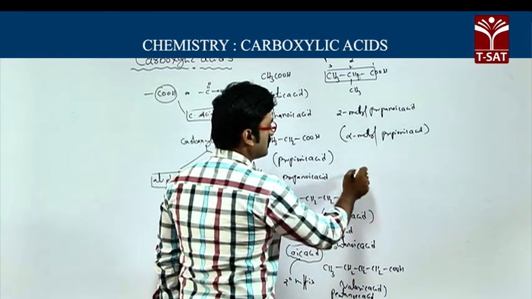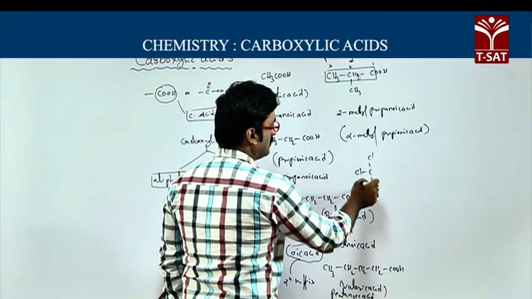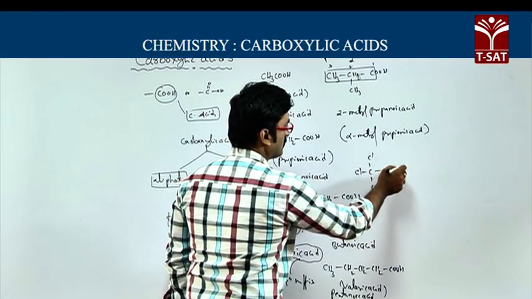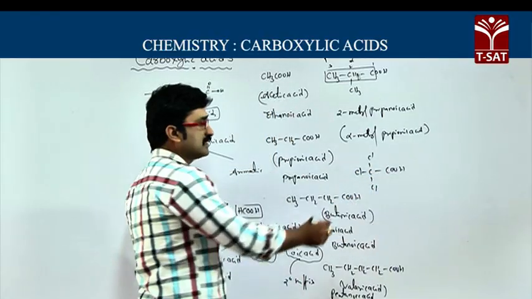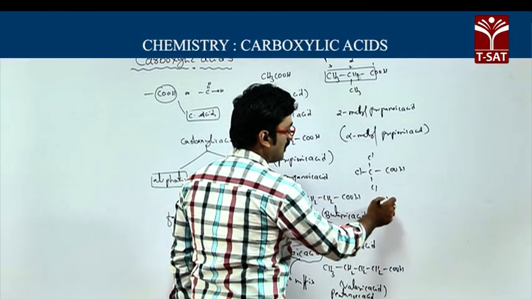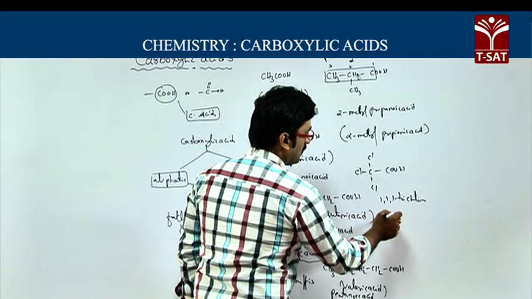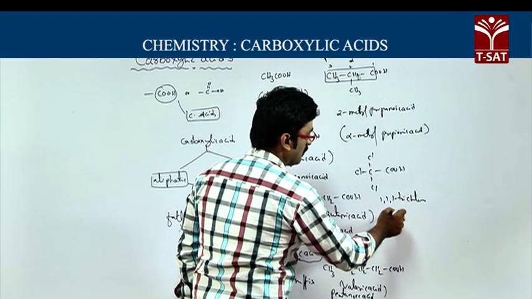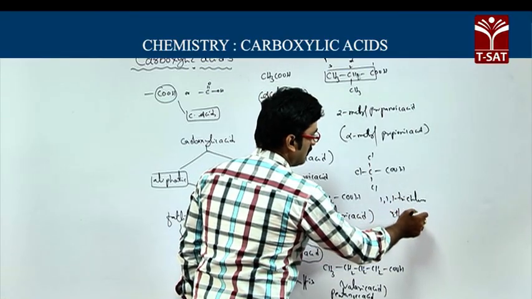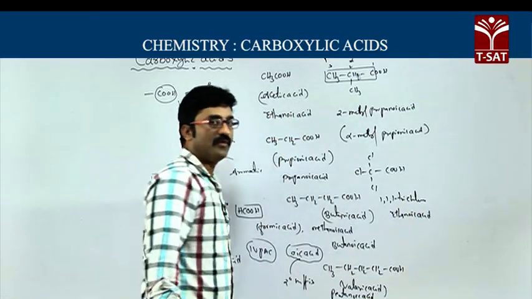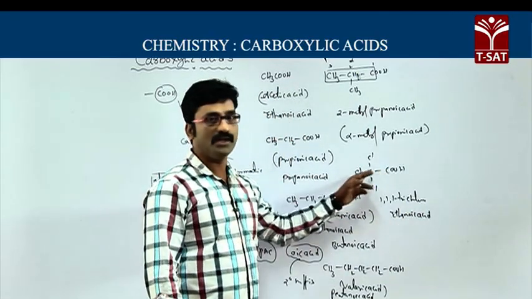Similarly, if you take CCl3COOH, its IUPAC name is 2,2,2-trichloroethanoic acid. Ethanoic acid, why? Because it contains only 2 carbons.